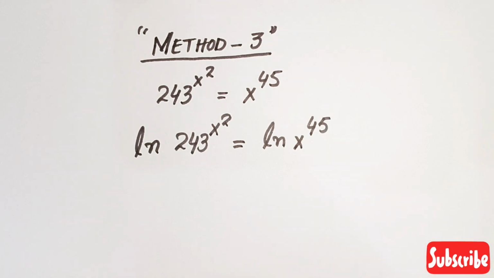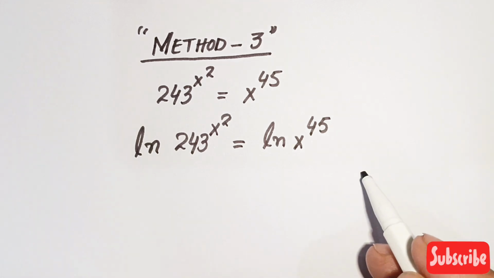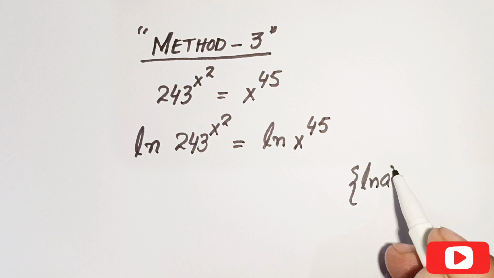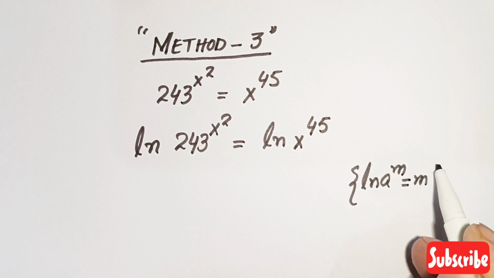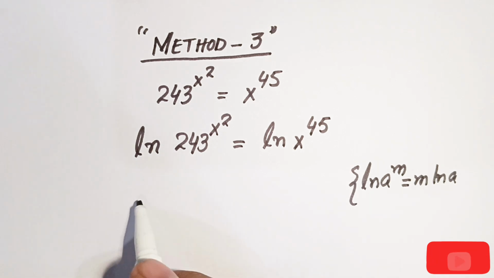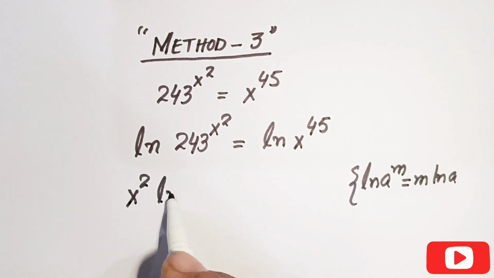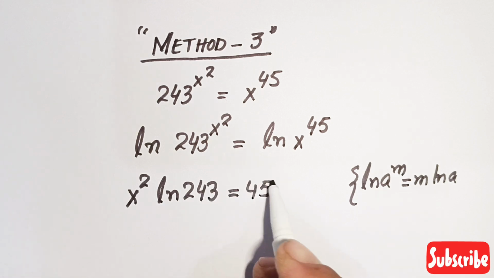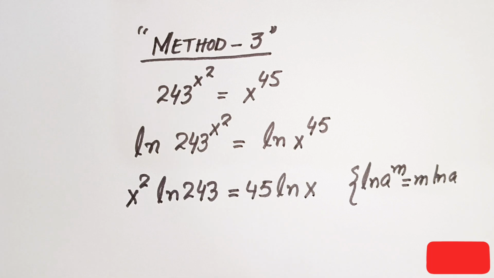Now using the law of logarithm, that if we have natural log of a to the power m, it is equal to m natural log of a, so here we get x squared times natural log of 243 is equal to 45 times natural log of x.